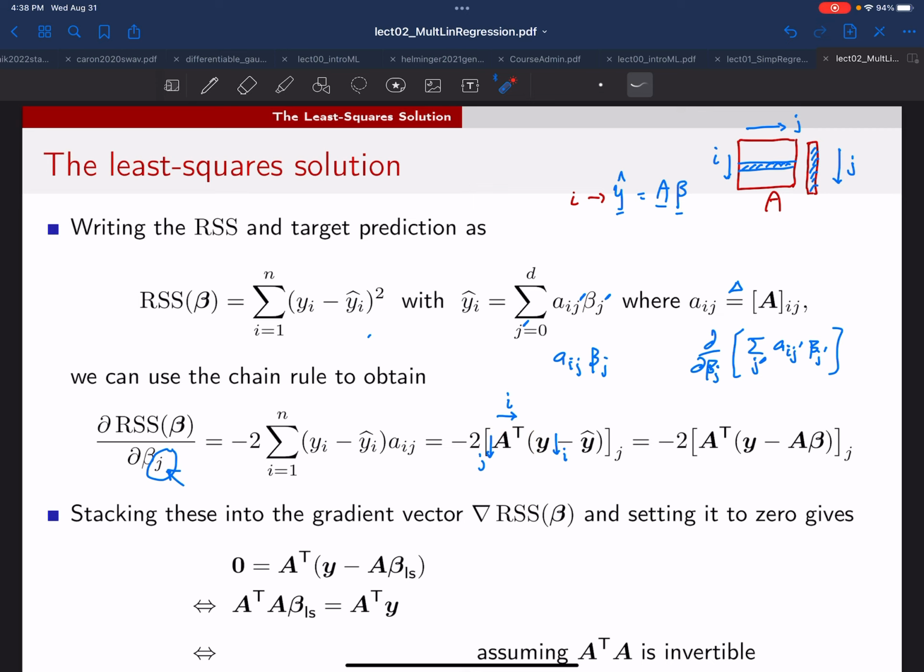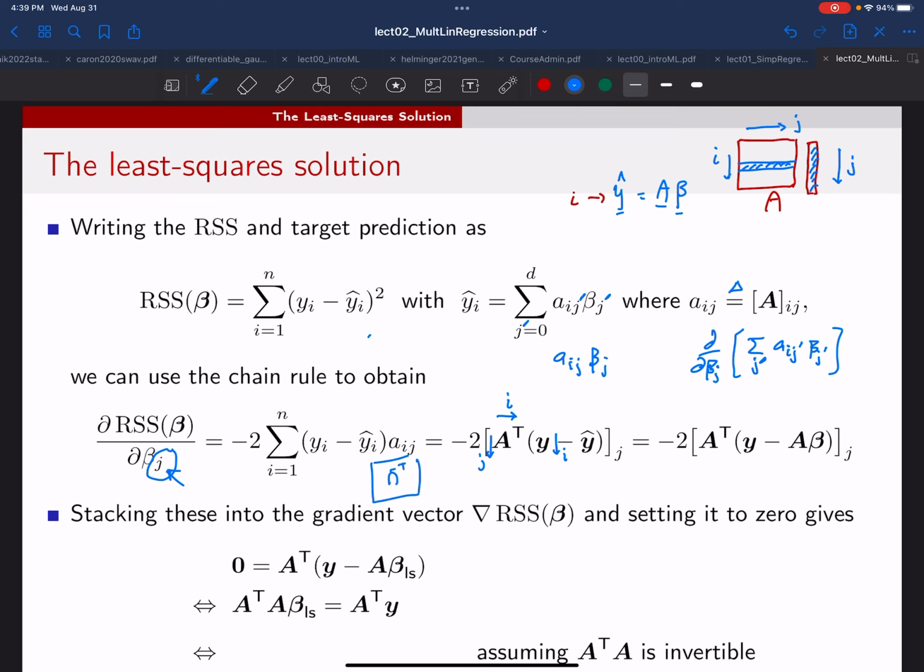If I want to write this A transpose y in terms of what's actually going on in that sum, I would be doing a sum where I freeze a particular value of j. So now I'm doing something like this, but with A transpose.